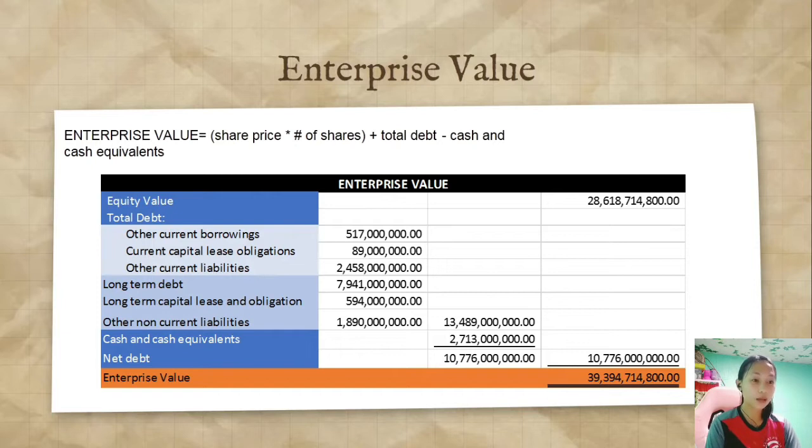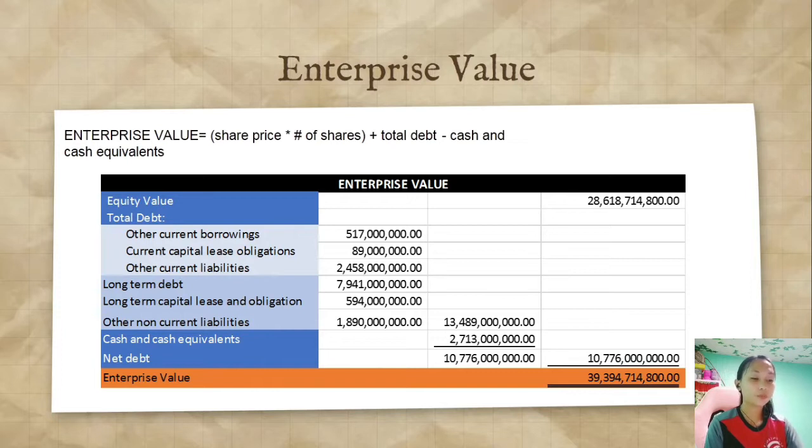That is other current borrowings of 517 million, current capital lease obligations of 89 million, other current liabilities of 2,458,000,000, long-term debt of 7,941,000,000, long-term capital lease obligation of 594 million, and other non-current liabilities of 1,890,000,000. A total of 13,489,000,000.